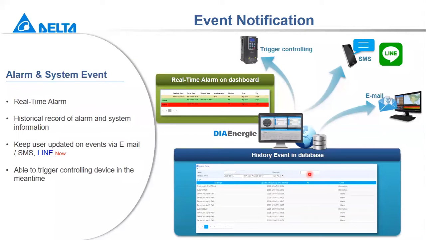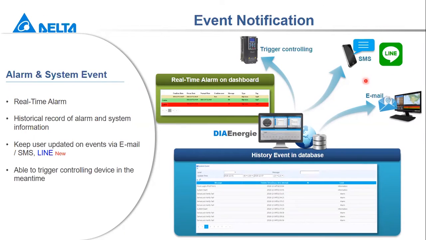Okay, and the next portion is event notification. As you can see, for the real time or history data, we can set an upper limit or a lower limit for the value. If it goes over the limit, the system will send a notification to the supervisor.